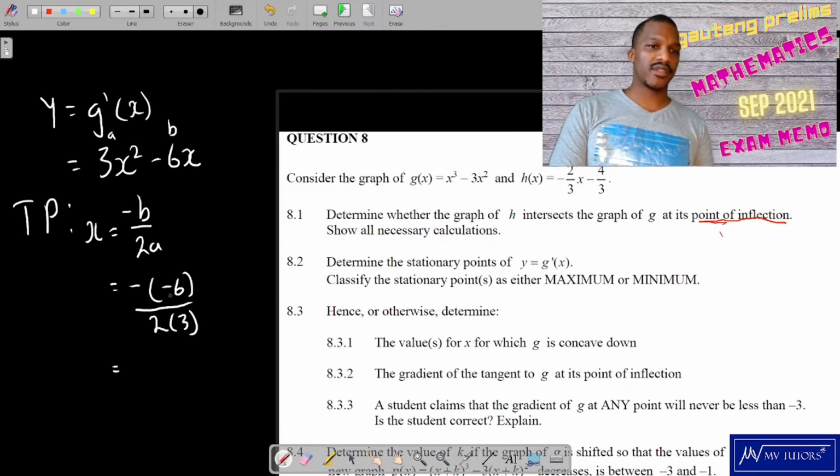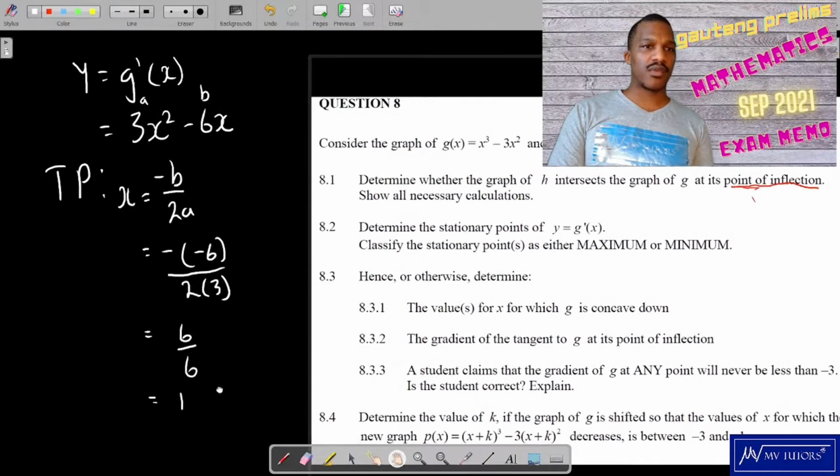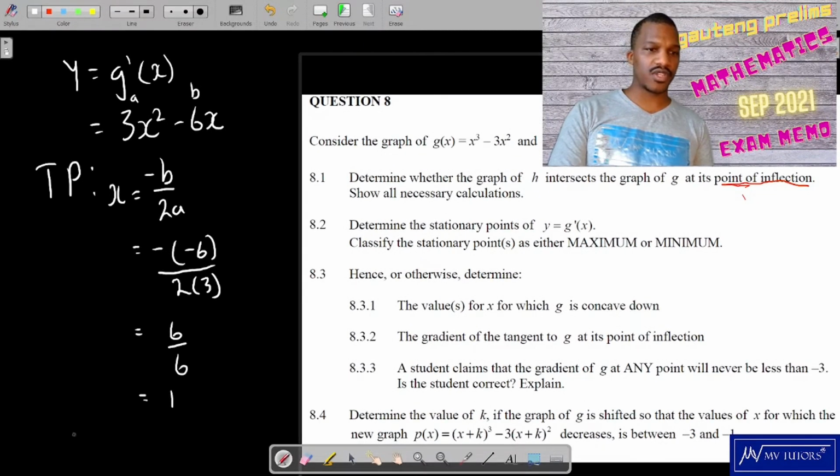A minus times a minus is positive, so it's 6 divided by 2 times 3, which is 6. My turning point is at 1. Now, to determine the stationary point, this gives me the x value. To get the y value, I have to substitute it back into the equation. I'll put 1 in there, and then I'll have 3 times 1 squared minus 6 times 1.